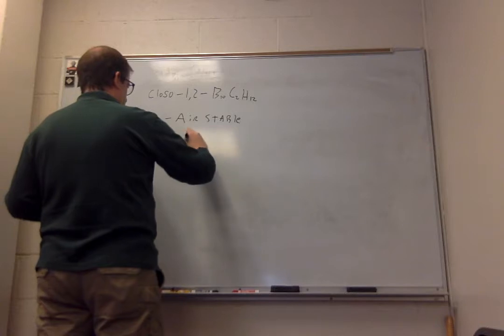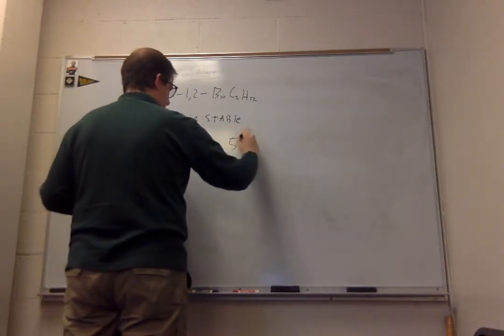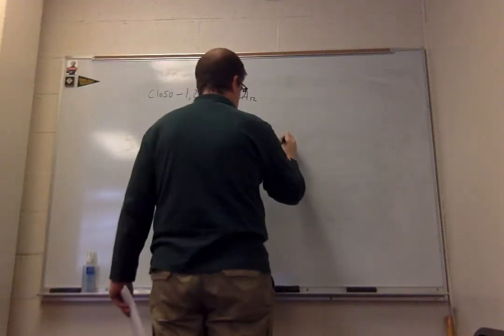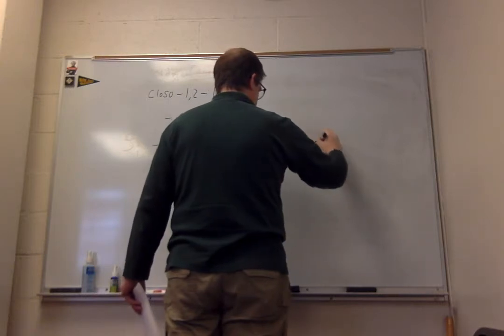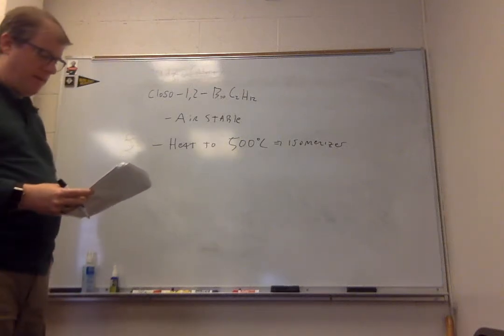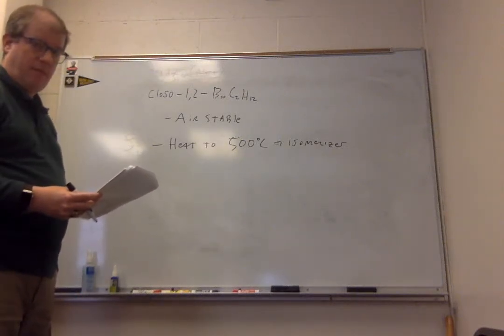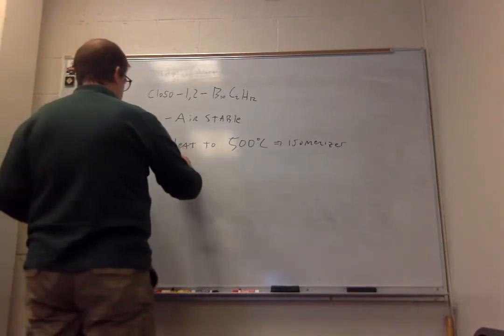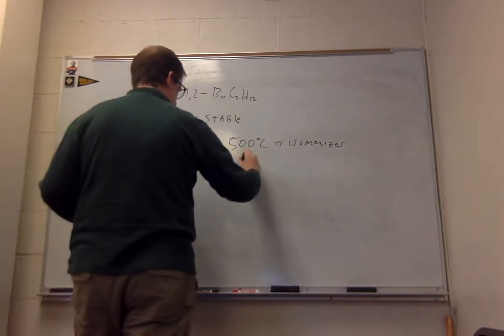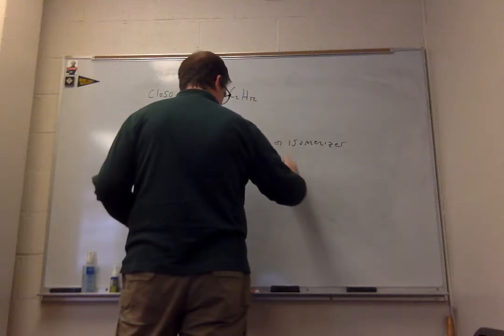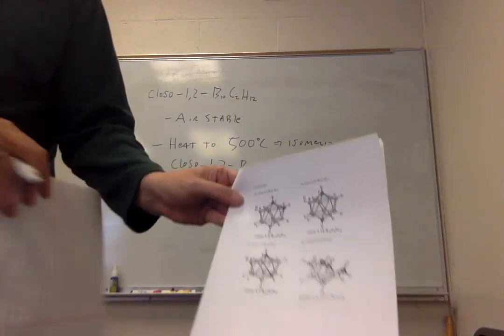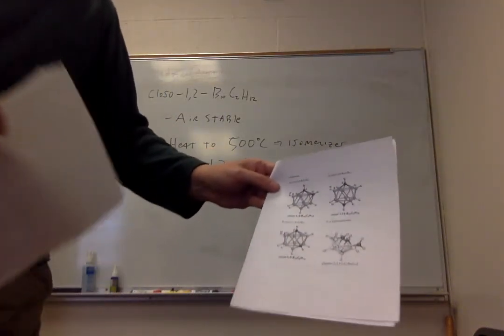If you heat this to 500 degrees, it isomerizes. And so what you get then is the 1,7 version, and so that's actually shown on your sheet right here in the bottom left.